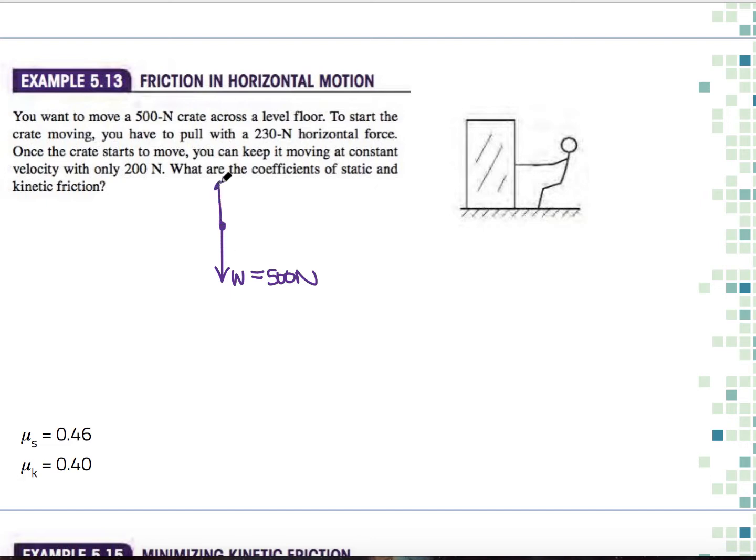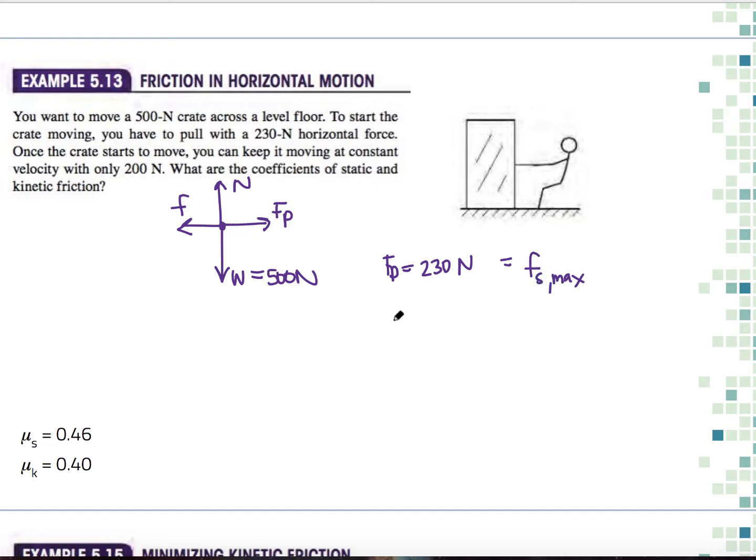All right, so let's see. We have a normal force here, and then we have some pulling force, and this whole thing is about friction, so we're going to assume that there is some kind of frictional force this way. So to start it moving, I have to apply 230 Newton force. So what does that tell me? Well, that tells me that my 230 Newton force is going to be equal to my static friction maximum.